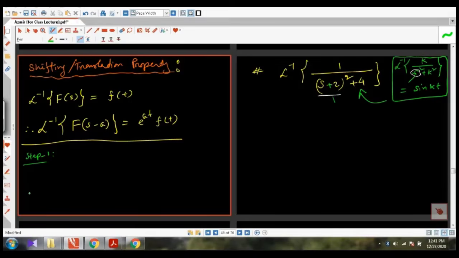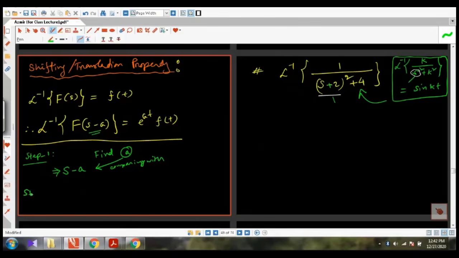In step 1, we have to think about which formula can be applied and see the main property. Here we have s negative a. So we have to understand what the value of a is. That means find a by comparing with s negative a.